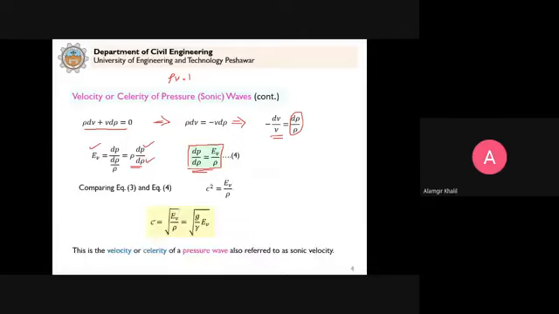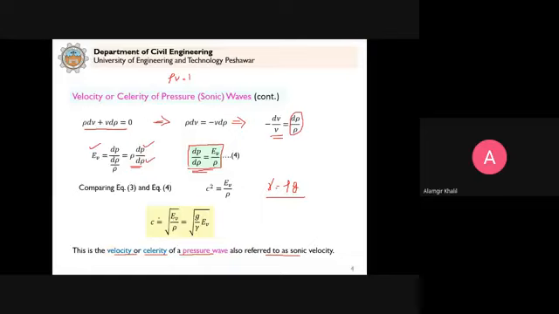And from here, c is equal to the square root of EV by rho, also equal to the square root of g by gamma times EV, because you already know that gamma is equal to rho into g. So now this is the equation that can help us to calculate the velocity or celerity of a pressure wave, also known as the sonic velocity.